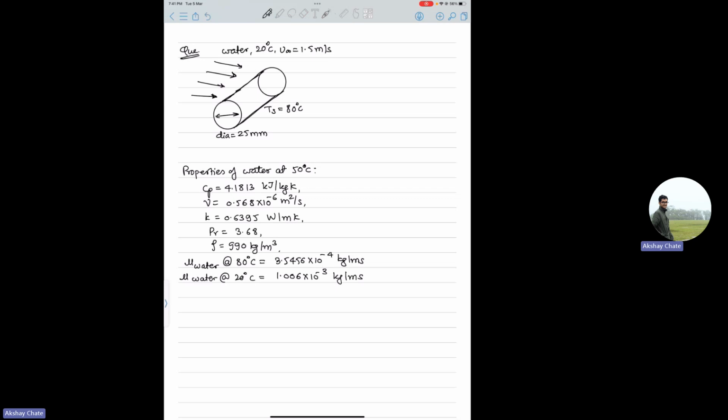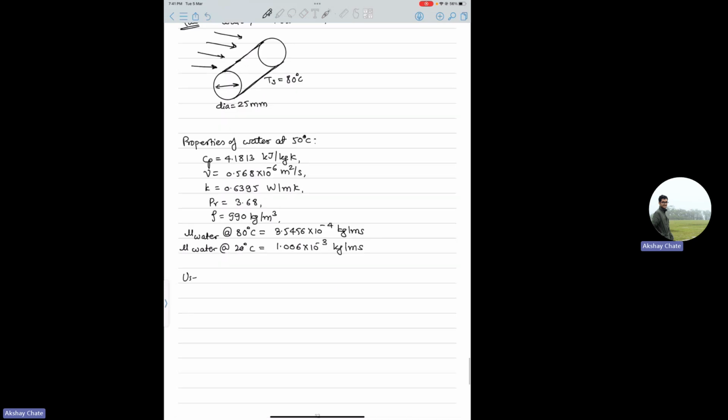And they have mentioned to use a correlation, which is your average Nusselt number is 0.4 Re to the power 1/2 plus 0.06 Re to the power 2/3 into Prandtl raised to 2/5 into mu of water at 80 degrees Celsius divided by mu of water at 20 degrees Celsius, whole raised to power 1/4.